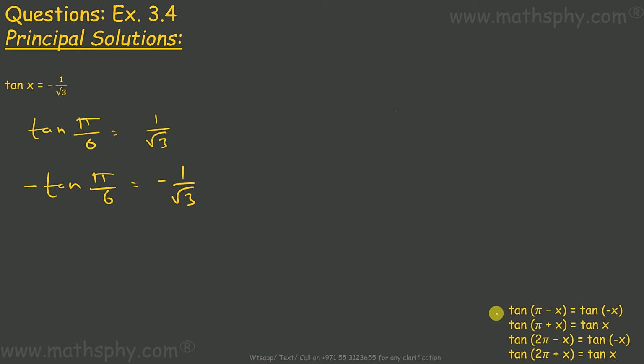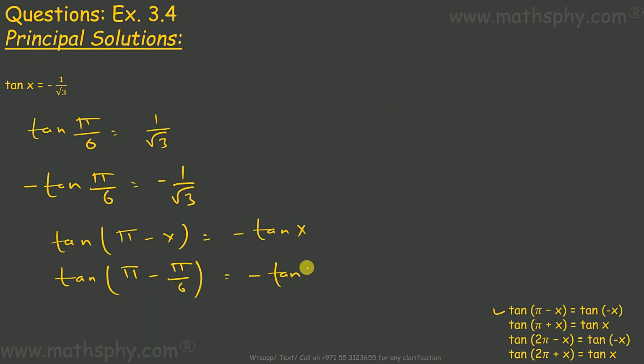Look at this: tan(pi minus x) equals minus tan x, so tan(pi minus pi over 6) equals negative tan pi over 6, whose value is negative 1 over root 3. If I solve this, it gives me tan 5 pi over 6 equals negative tan pi over 6.